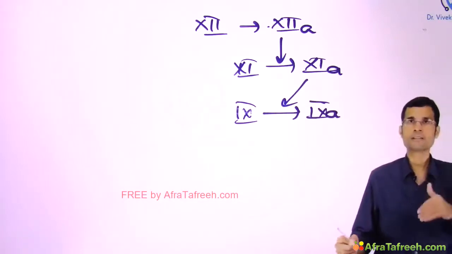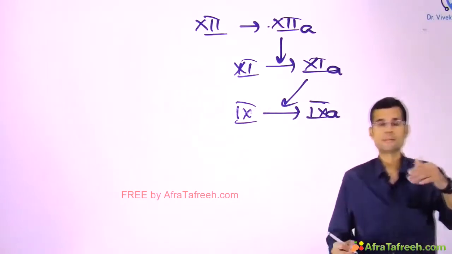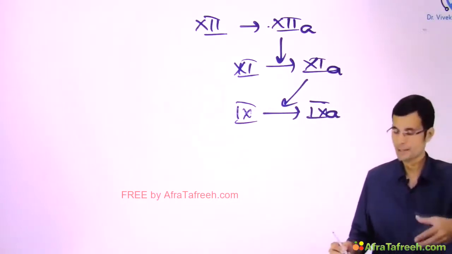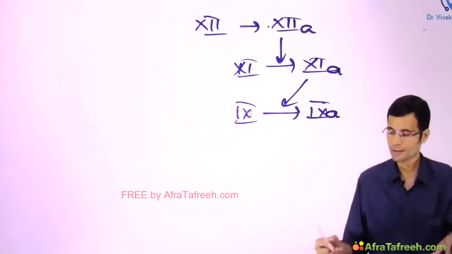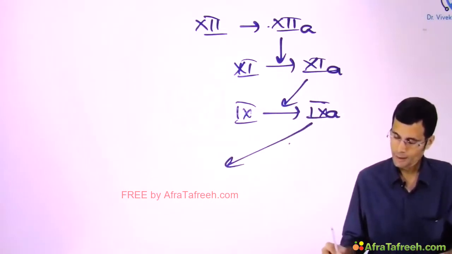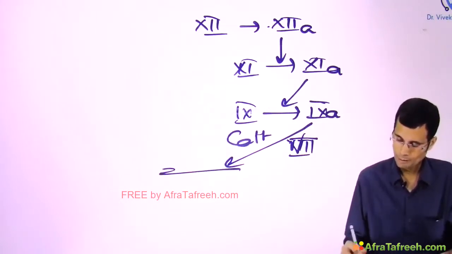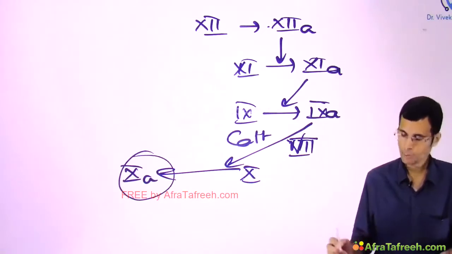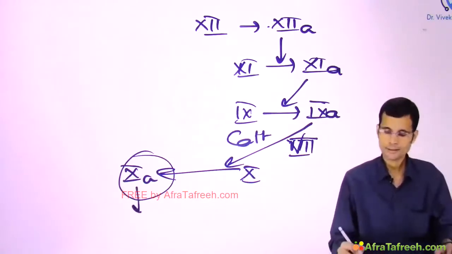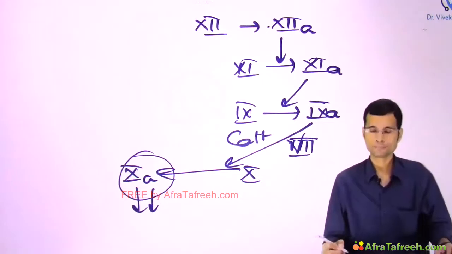So each factor, once it is activated, acts enzymatically on the next factor to activate it. Factor 9 in the presence of factor 8 and calcium will convert factor 10 to 10A, which is the prothrombin activator, and then the subsequent steps will follow.